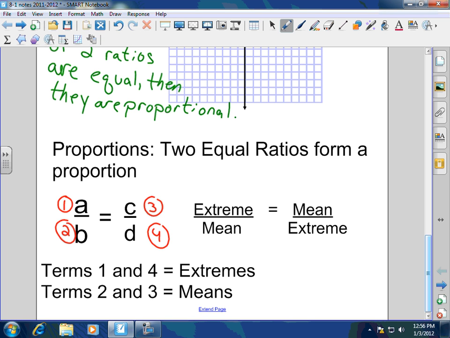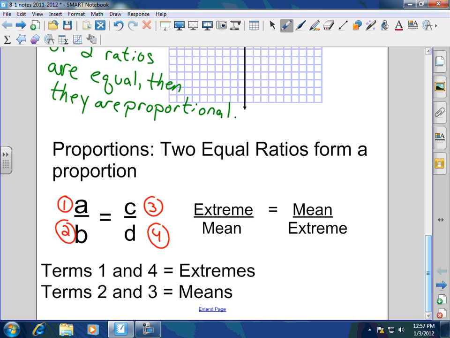So when you have ratios and proportions, you have extremes and you have means. Extreme over mean equals mean over extreme.